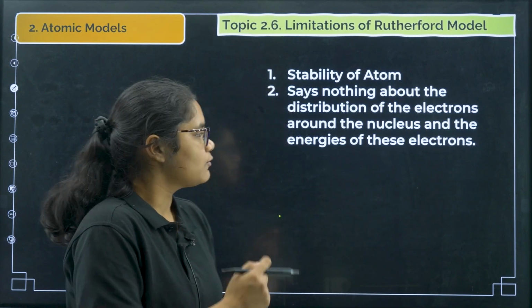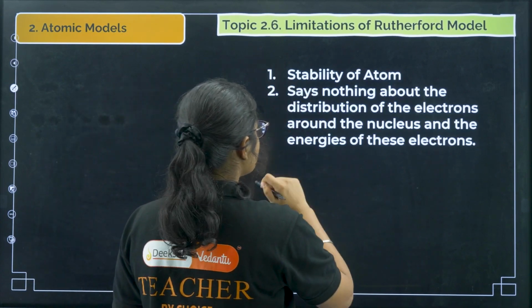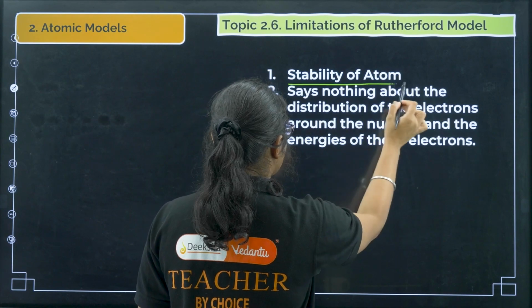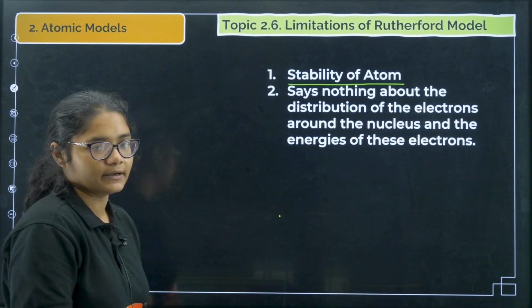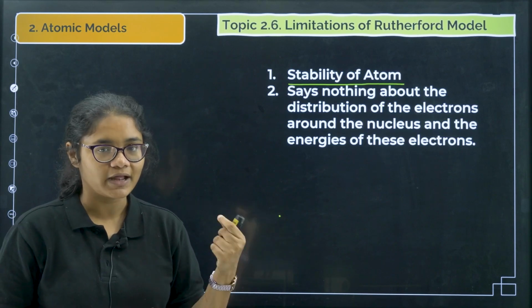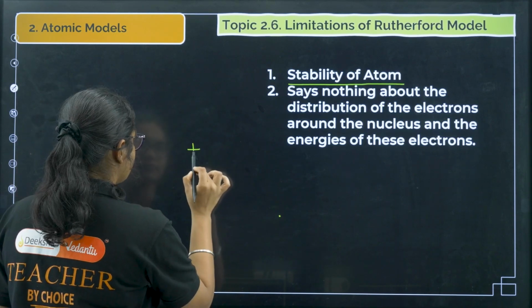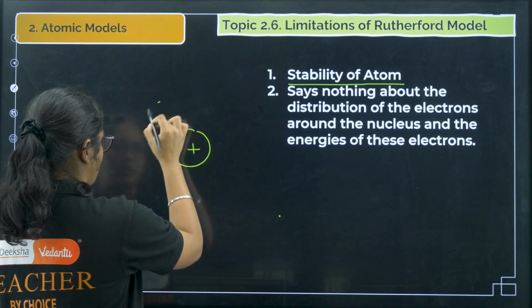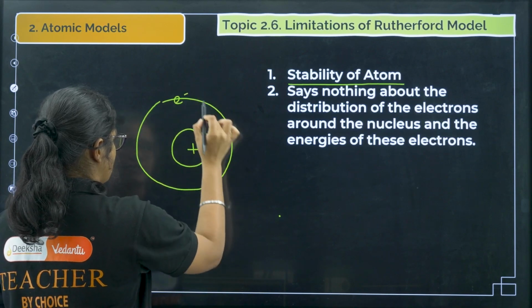But what happened here is, the first limitation is it could not explain the stability of the atom. How can it not explain the stability of the atom? Suppose we have a nucleus here and the electrons are moving.